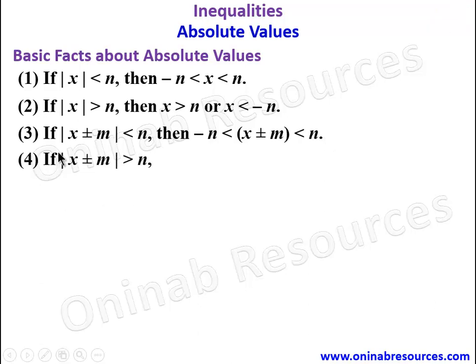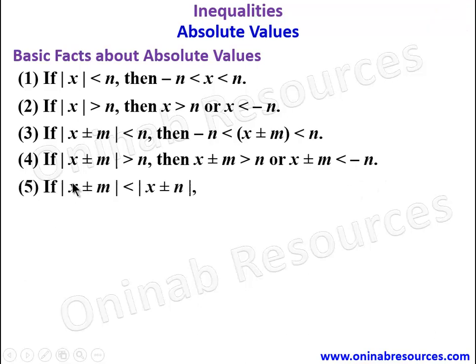4. If absolute value of x plus or minus m is greater than n, then x plus or minus m is greater than n or x plus or minus m is less than negative n. 5. If absolute value of x plus or minus m is less than absolute value of x plus or minus n, then (x plus or minus m) all squared is less than (x plus or minus n) all squared.